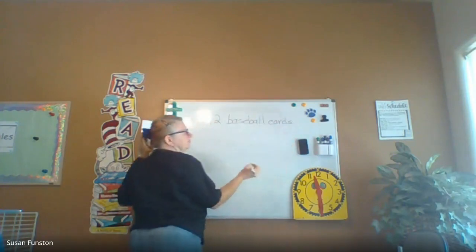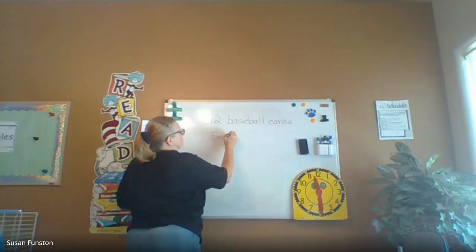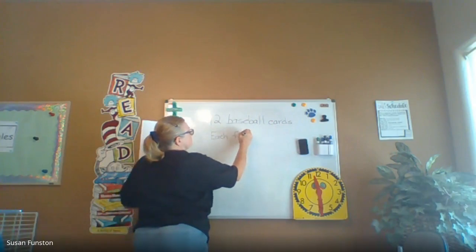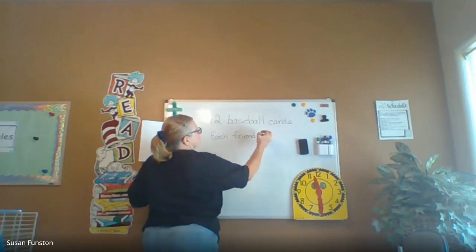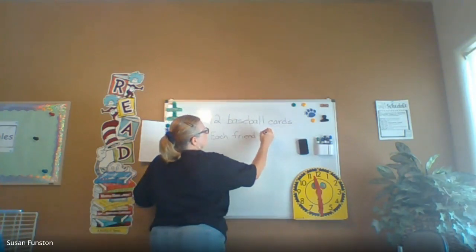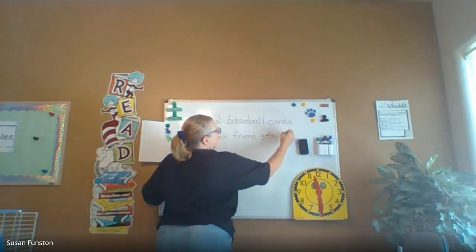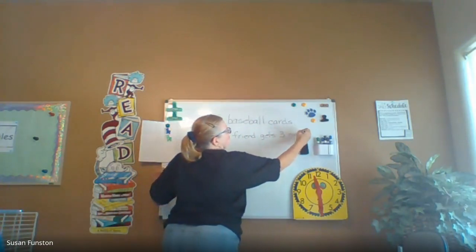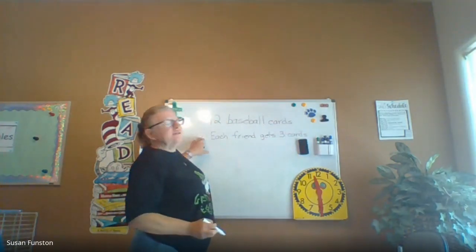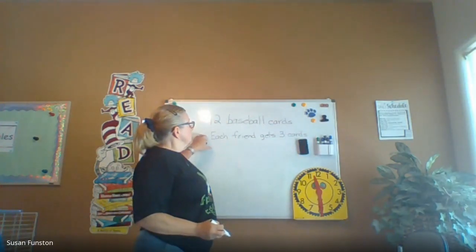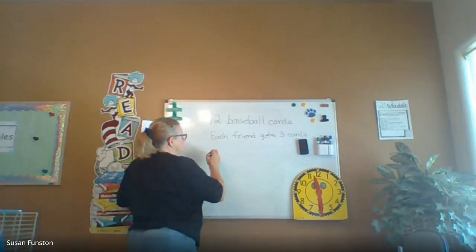And I share them with my friends, and each friend gets 3 cards. And I'm going to give them all away. I'm not going to keep any for myself. So it's just the friends that can have 12 cards all together. Okay, so let's draw a tape diagram.